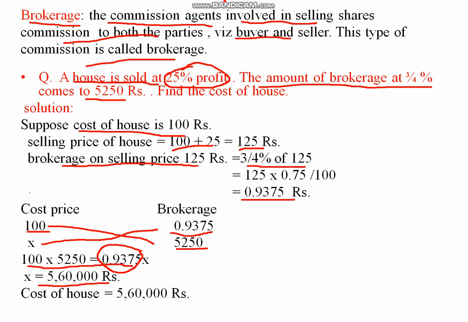So the required answer is that the cost of the house is 5,60,000 rupees. We solved this example by using the direct proportion method. So our second topic, profit and loss, is finished. Thank you.